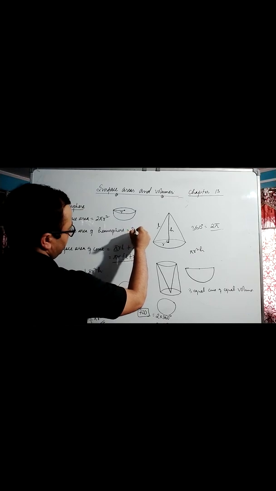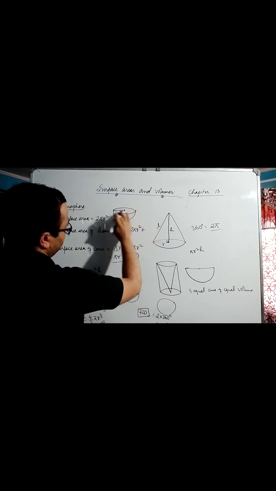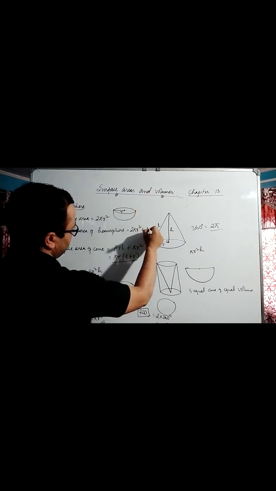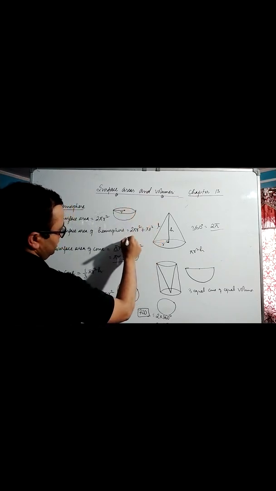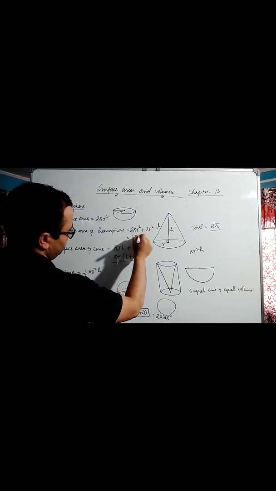So 2 pi r square is the curved surface area, plus the area of this flat part, which is pi r square because it is in the shape of a circle. So 2 pi r square plus pi r square is 3 pi r square.